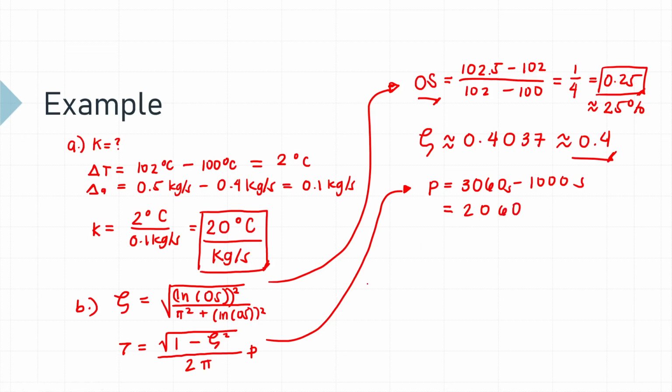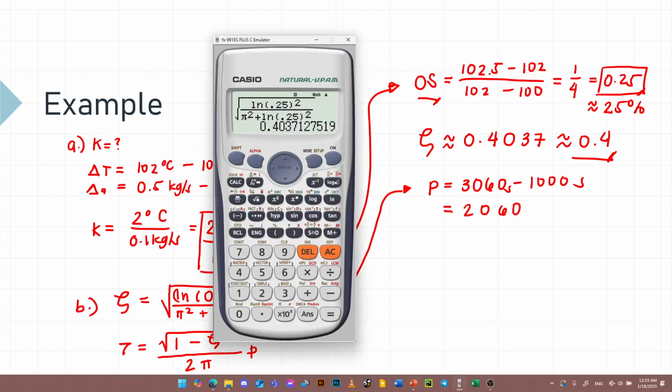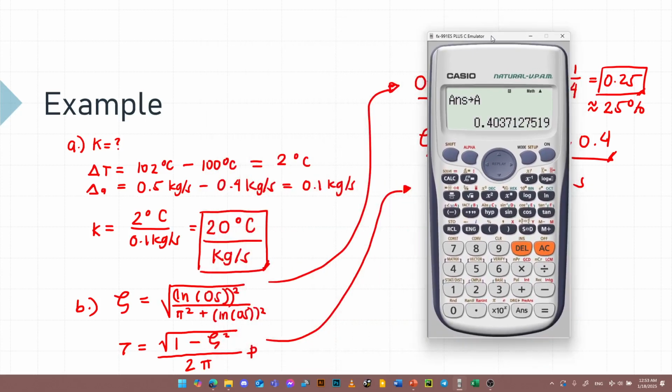So inputting this into here, let's not forget to use this value once again. Let's store that to A. Let's try to find the value of tau. We'll have here the square root of 1 minus zeta squared divided by 2 pi, then multiply this by 2060. This value should be equal to around 300.